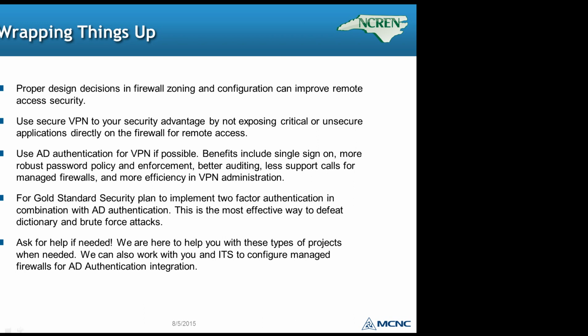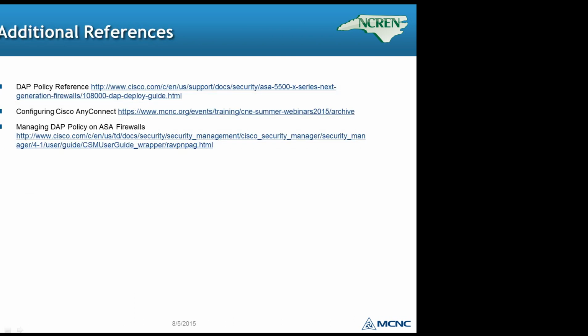The other thing is, here in the CNE team, Diane and I developed a document that essentially walks you step by step through configuring an AnyConnect VPN, and also configuring DAP policies and integrating it with AD, in a nice handy little document that has both the command line stuff and screenshots of doing it in the ASDM, and that is going to be available in the archive documentation for this presentation.